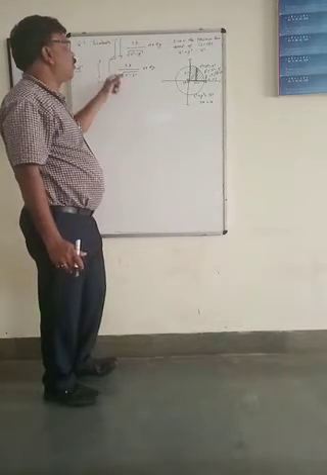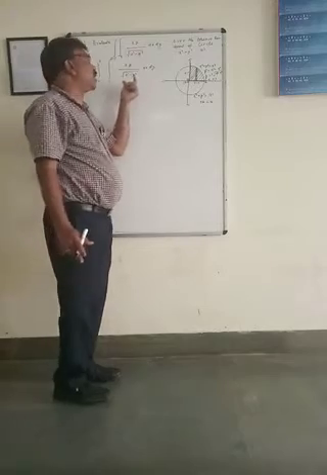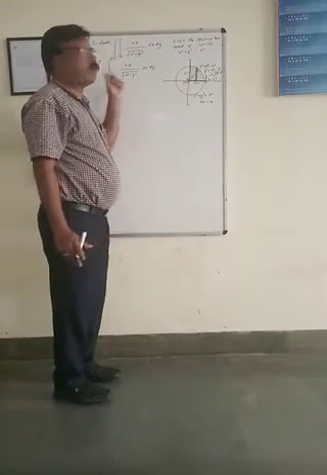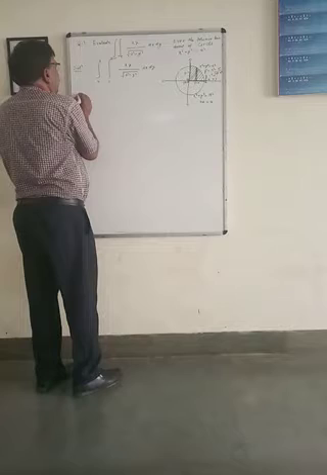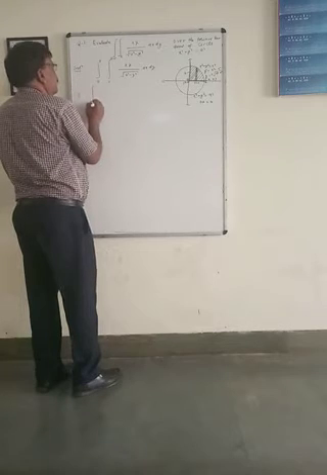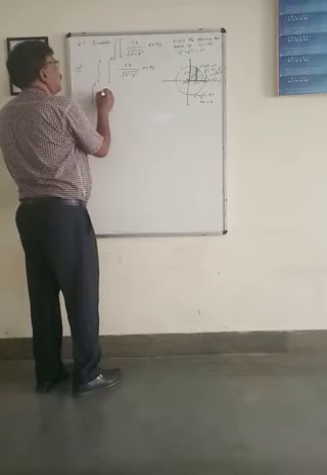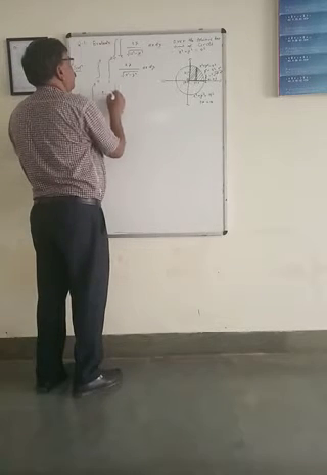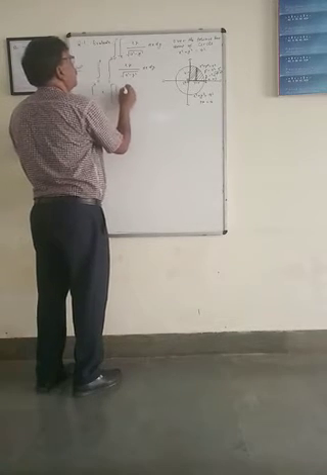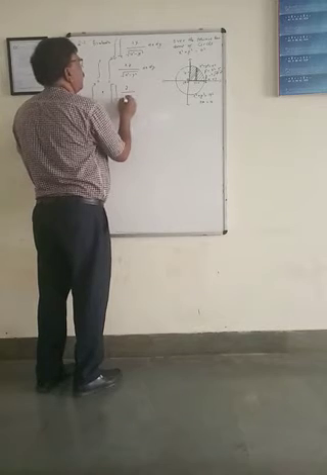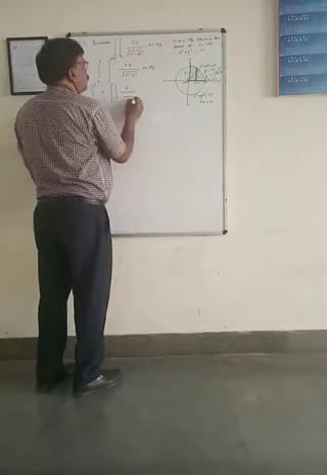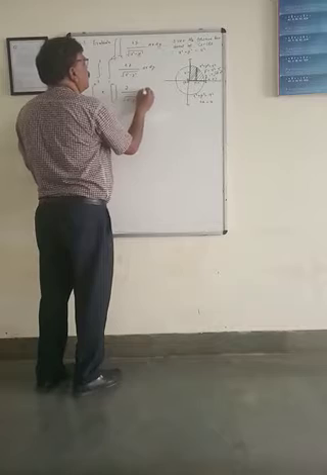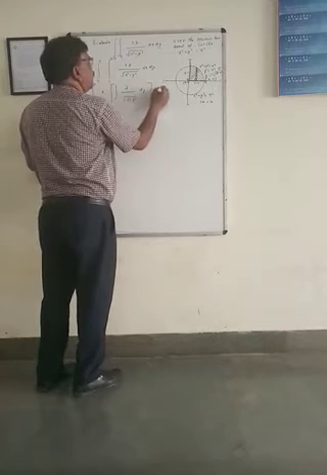So first of all we have to integrate this function with respect to y. In order to integrate this function, from 0 to a, x is taken out from the integration, and it is y upon under root a square minus y square dy and dx.